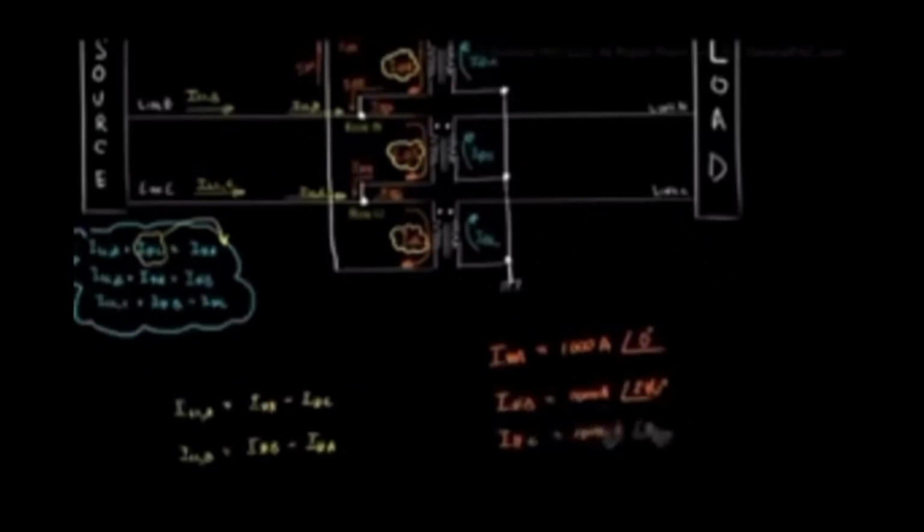So let's first draw the phasors, the currents that are flowing through the primary windings. Keep in mind the big picture of what we're trying to solve.